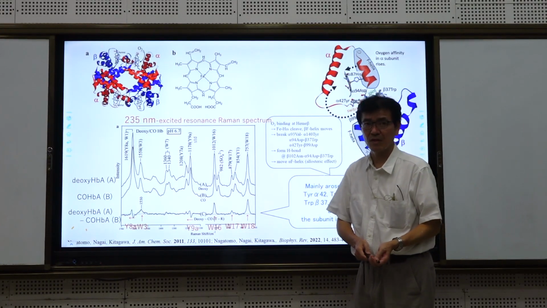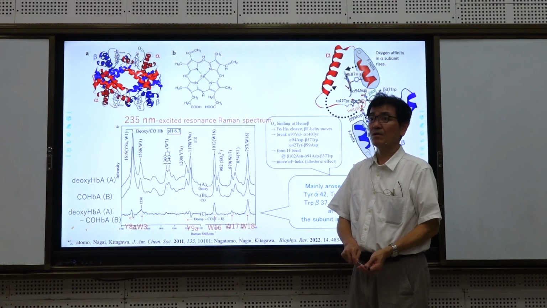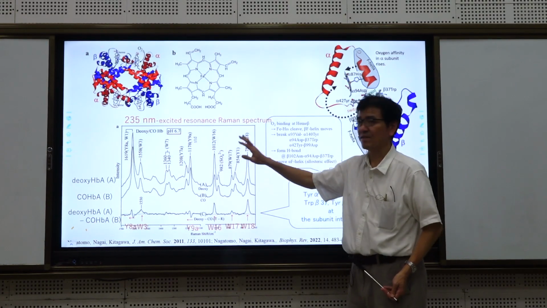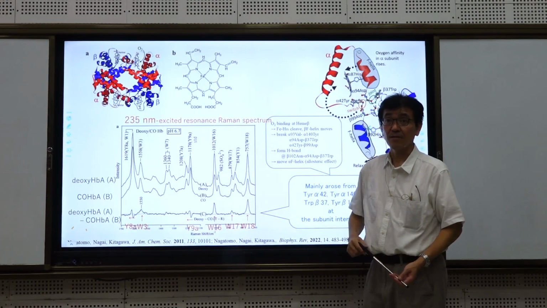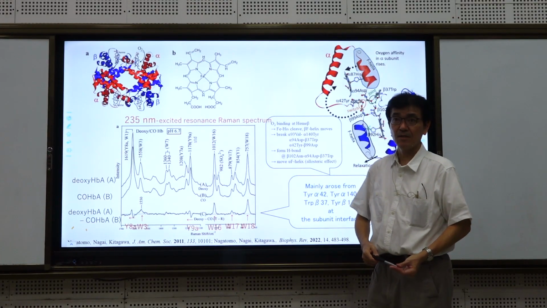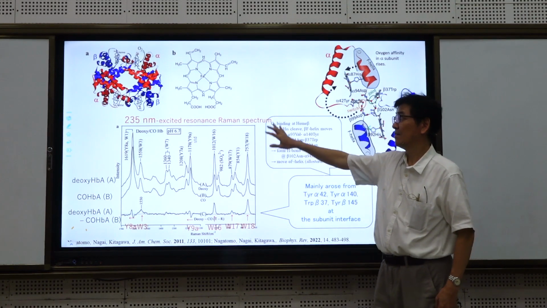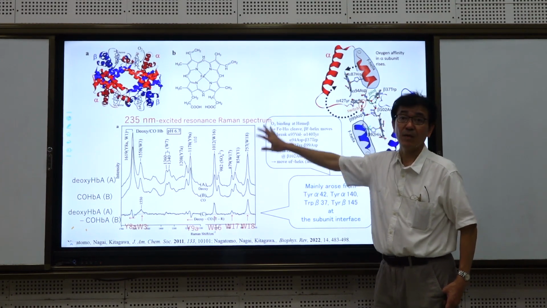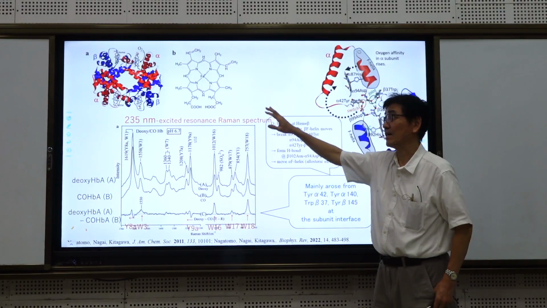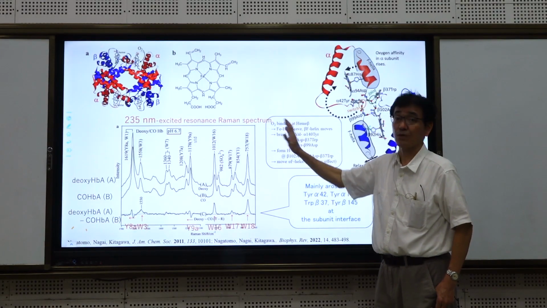But depending on your sample and your purpose, please choose the same methodology. Okay? This is a typical way to analyze biomolecules. So today I introduce an example of Prof.